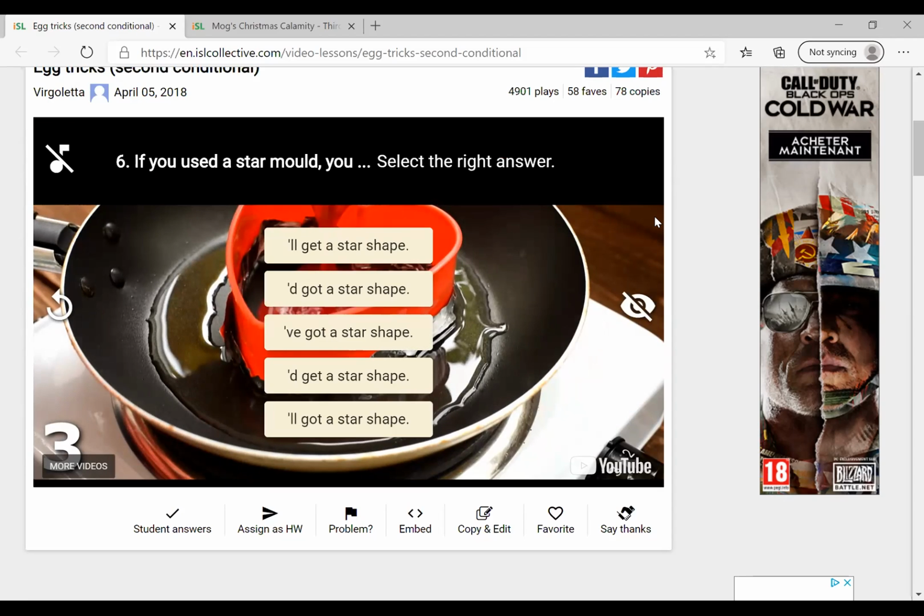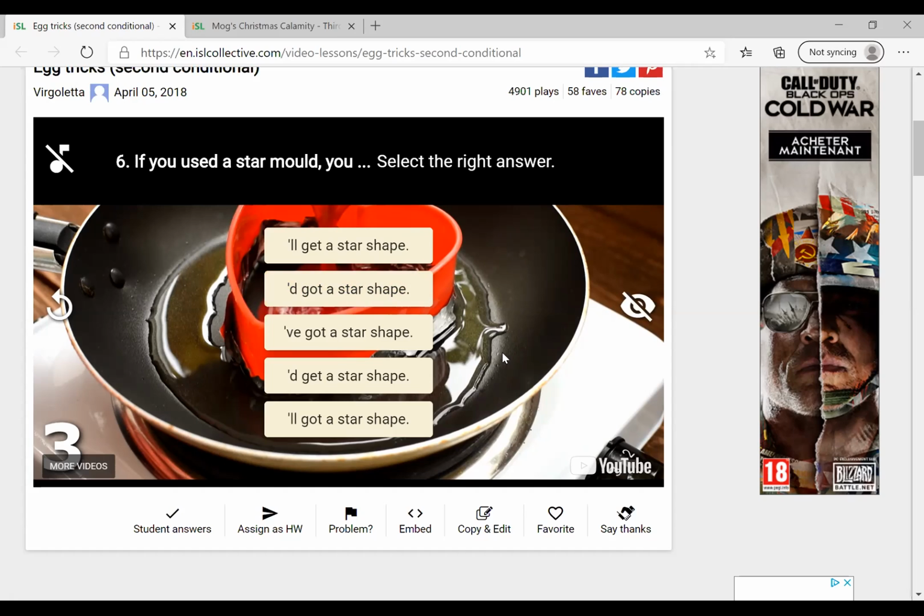Florence. If you used a star, this is called a mould, star mould, like a form. If you use the star mould, you would get a star shape. But get in the past?